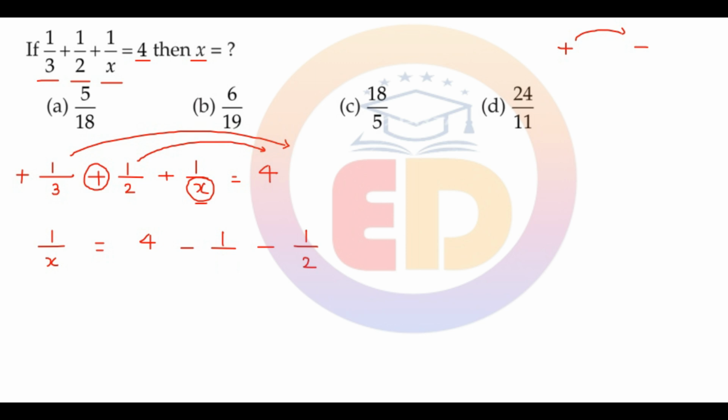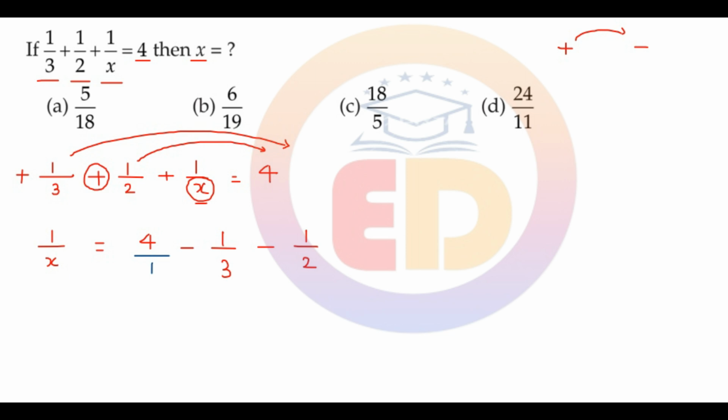Now friends, I have to subtract 4 minus 1 by 3, then minus 1 by 2. 4 is a whole number. Let us convert it into a fraction. Add 1 in its denominator. Now these three fractions are 4 by 1, minus 1 by 3, minus 1 by 2. They all are unlike fractions.